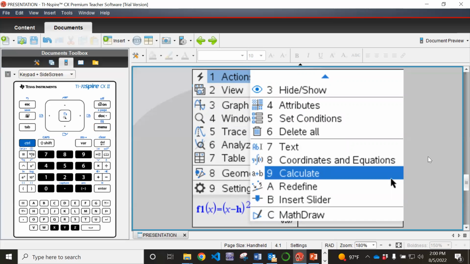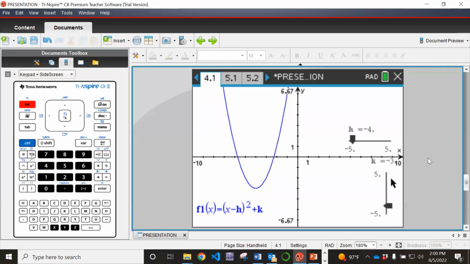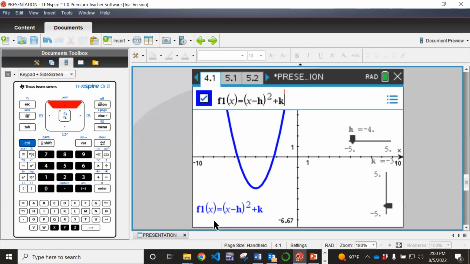Then it'll ask you to name the slider and what you want it to go from and to. And then I put in the equation here: x minus h squared plus k. I've already named the sliders h and k, but I went ahead and put in my expression here.